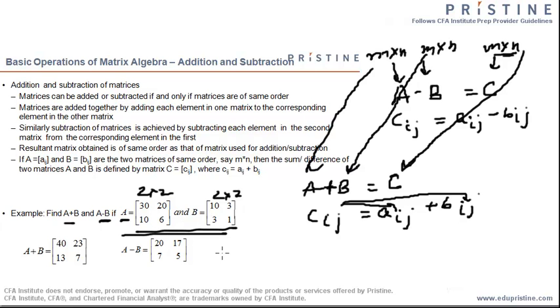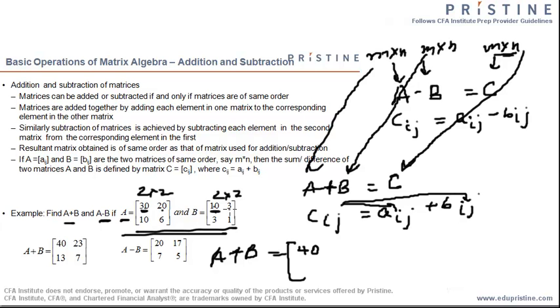So when we add them, A plus B is basically addition of the corresponding entries of A and B. So 10 gets added to 30 because this is element 1 1, that is the element on first row and first column. This is also the element on the first row and first column of A, so they get added. 30 plus 10 equal to 40.